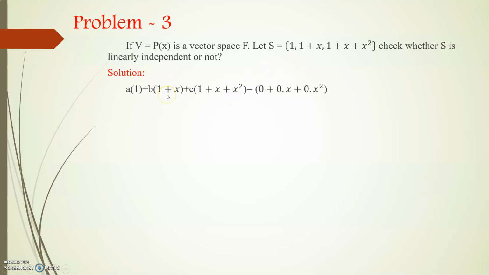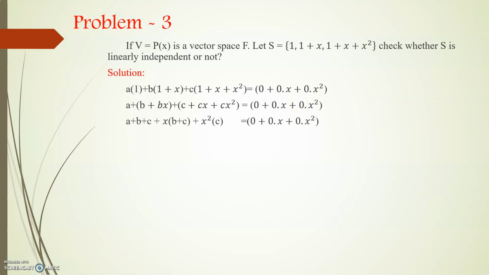Now multiplying the scalars inside, we get a + b + bx + c + cx + cx² = 0. Next, equating the like coefficients. First, clubbing the constant terms: a + b + c. Next, the coefficient of x: bx and cx, so taking x outside, b + c.